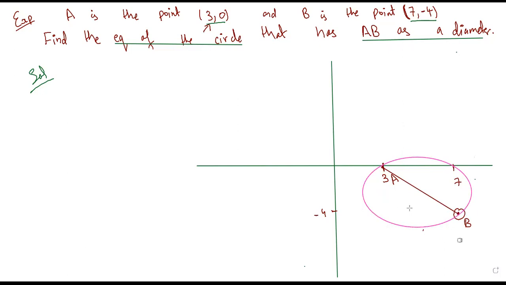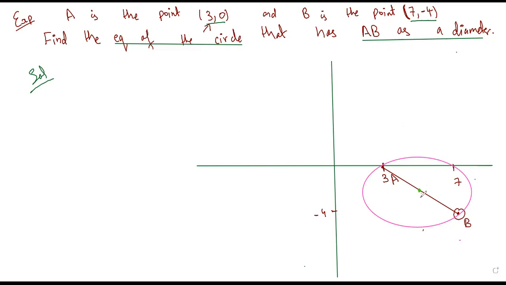Now again, in order to find the equation of a circle, we need two things. We need the center point and its radius. So can you guys tell me how to find the center point and radius using the given information? That's very easy. Anyone who would like to contribute?